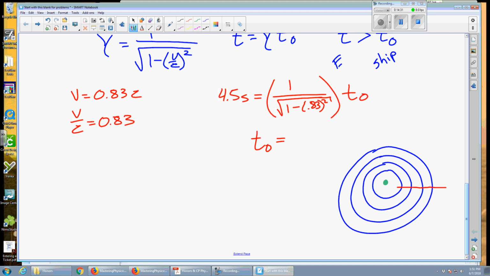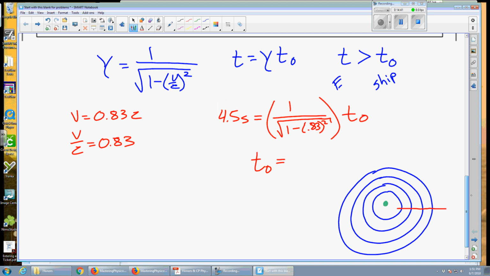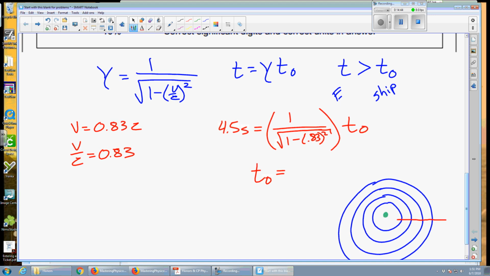I don't think that's what they were thinking. They were thinking ship goes by, therefore time is moving slower on the Earth than on the ship. So they want this as the Earth time, and this as the ship time. So we were thinking about the problem in two different ways.